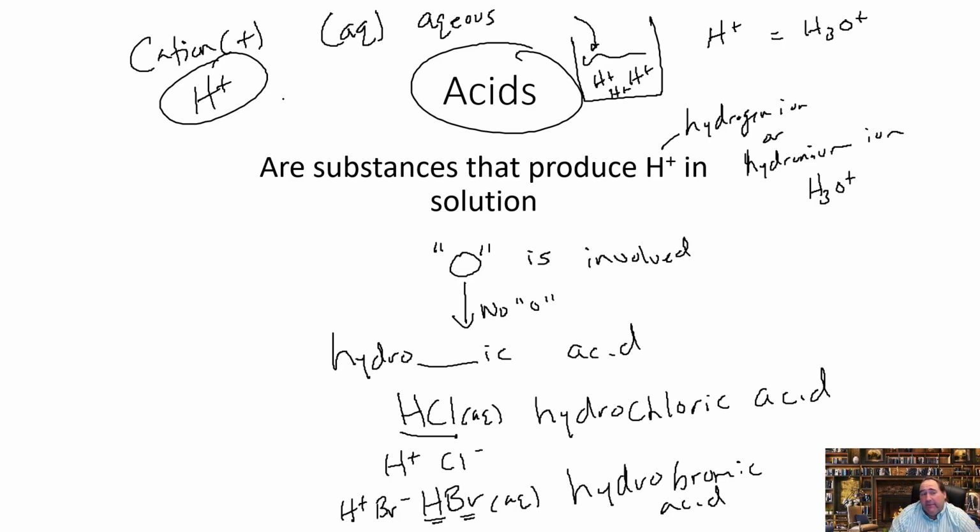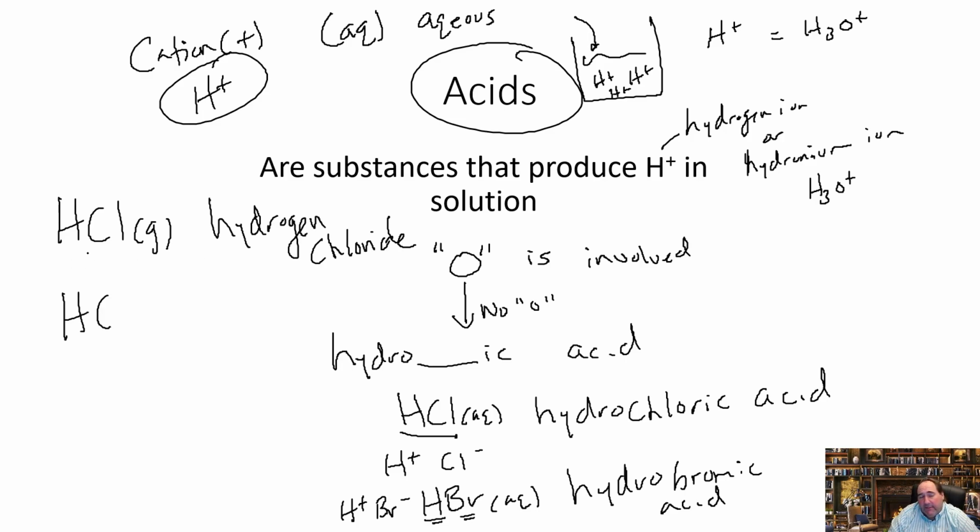So for example, as we talked about earlier, if you had HCl in the gas phase, not in the aqueous phase, you would call that hydrogen chloride gas. But if you take hydrogen chloride gas and you dissolve it in water, you create HCl that has the aqueous symbol next to it, that AQ. And that basically means it's a solution.